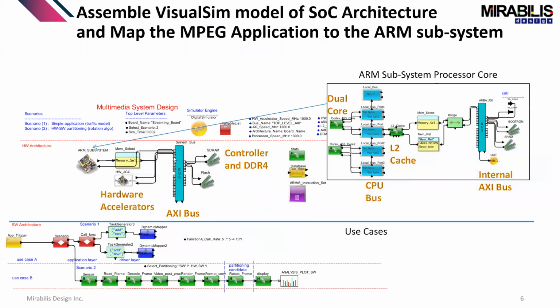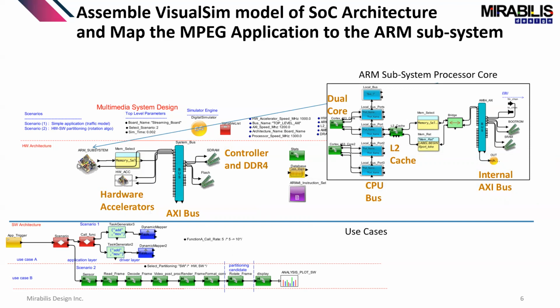This is the assembled VisualSim model of the SOC architecture, where we have mapped the MPEG application to the ARM subsystem. On the top part, we can see the hardware architecture, where we have the ARM subsystem, hardware accelerator, the system bus, which is the AMBA AXI bus, the DDR4 controller, and the memory.